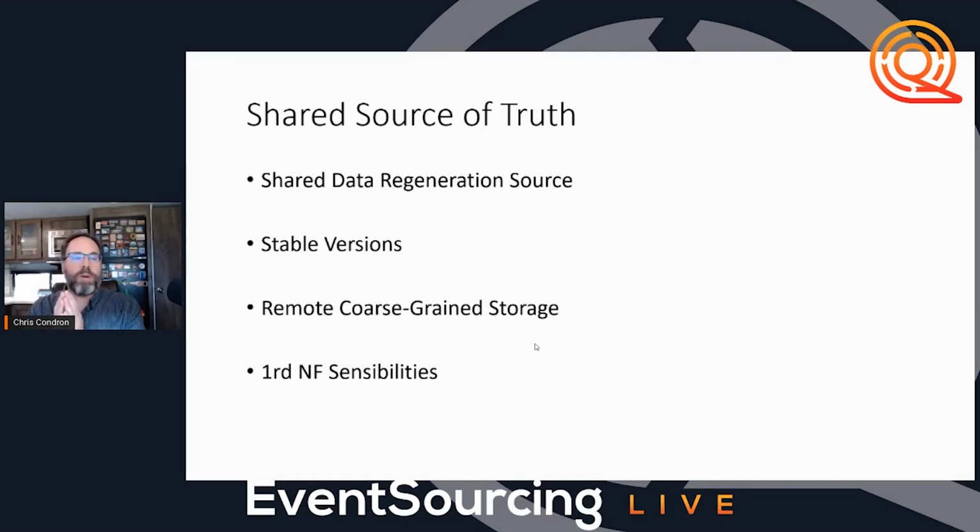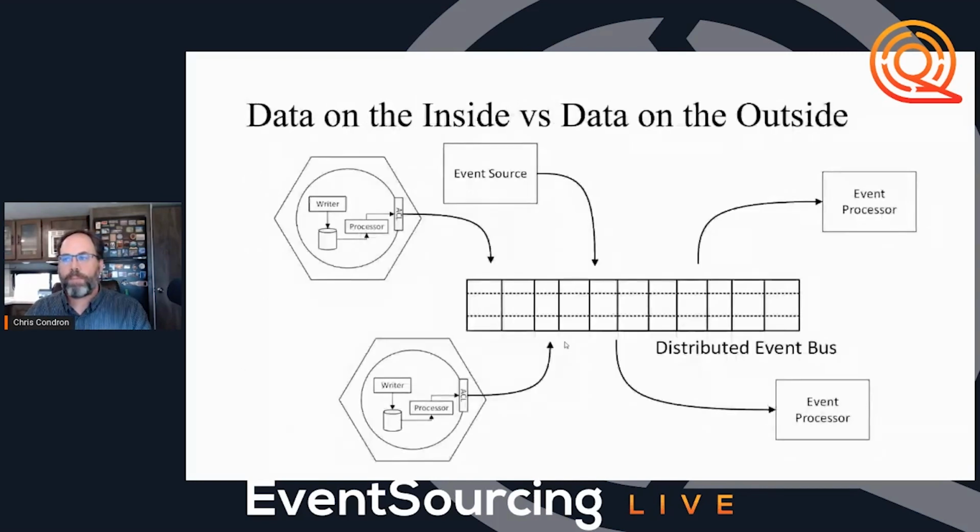The schemas that I'm going to want here are going to be coarse-grained. We don't want downstream consumers to need to call back. It's more of a first normal form sensibility. So sometimes there's resistance about this.